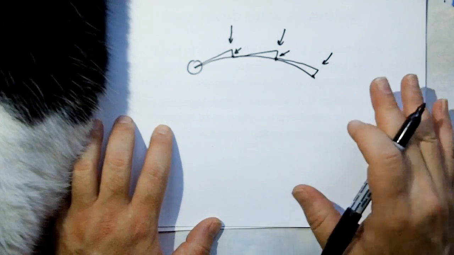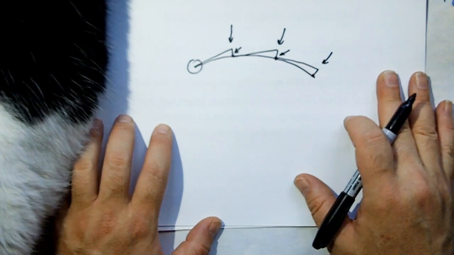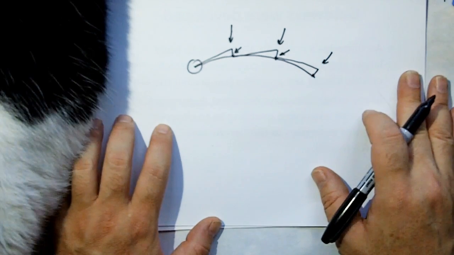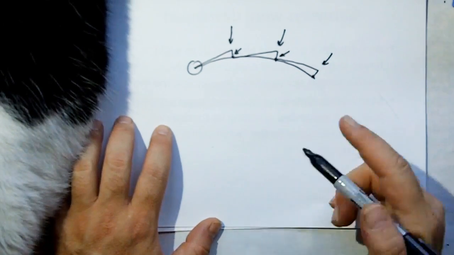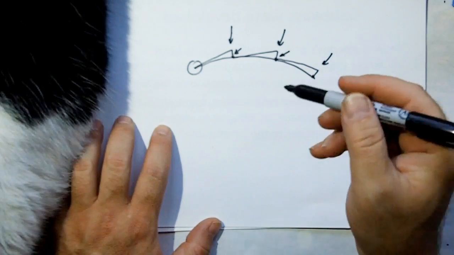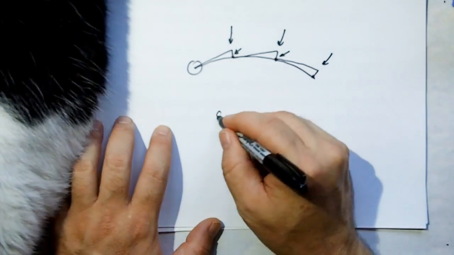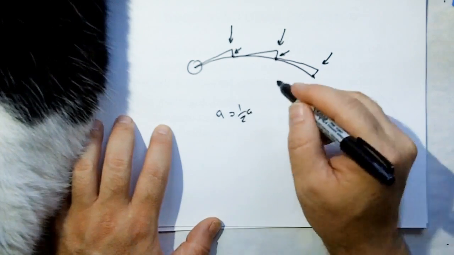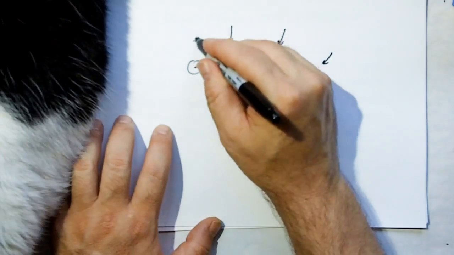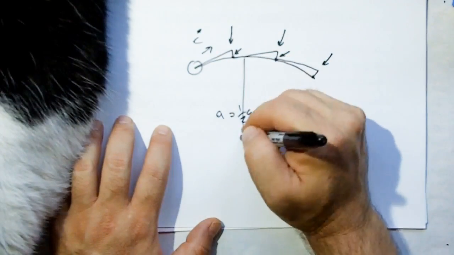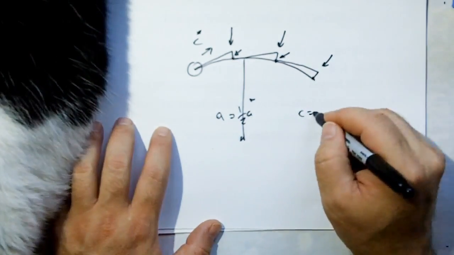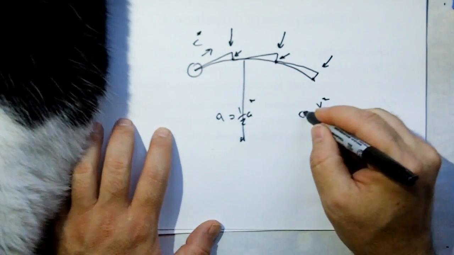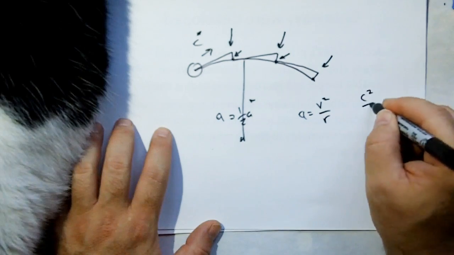But if you do this integration, it comes out to 0. I even tried doing this using numerical integration. It came out to 0. So I tried another way. Let's just do the simple way. We know the tangential velocity here is c, the speed of light, and we have the radius. We know centripetal acceleration is equal to v squared over the radius, so that would be c squared over r.